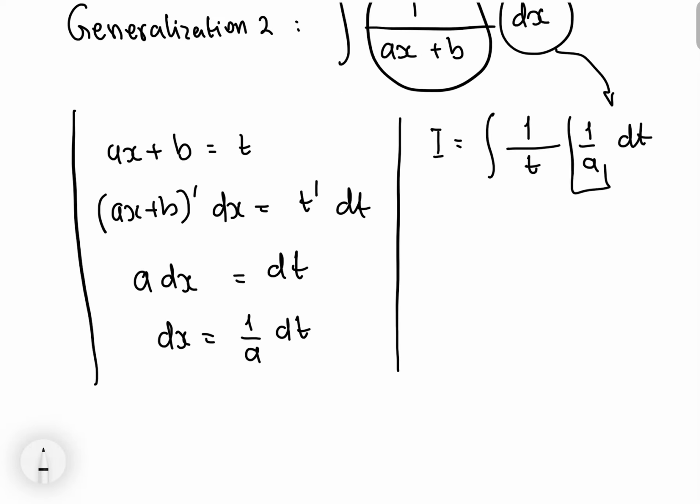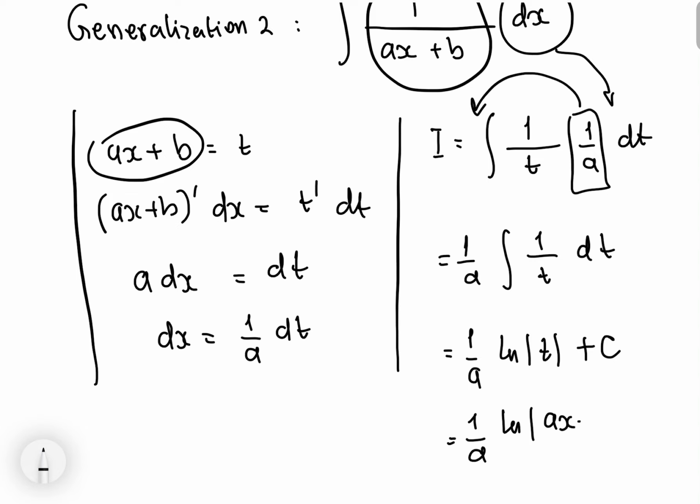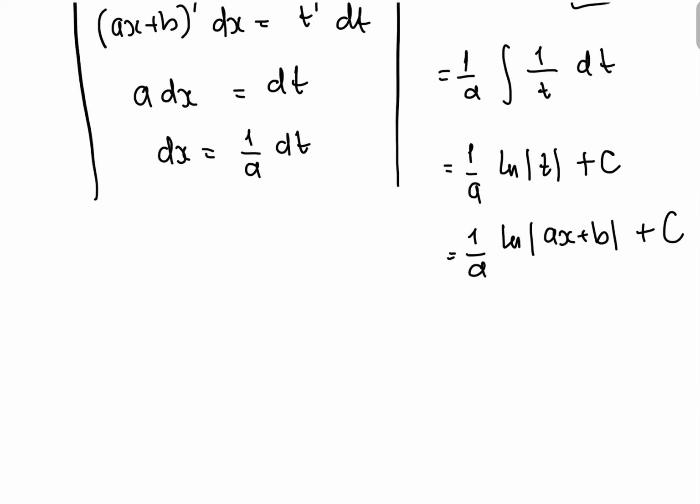But this is a constant and it can go in front of the integral. Now it is again the same integral that we know, and that is 1 over a times ln absolute value of t. What is t? It is ax plus b, plus c. So this is our integral.